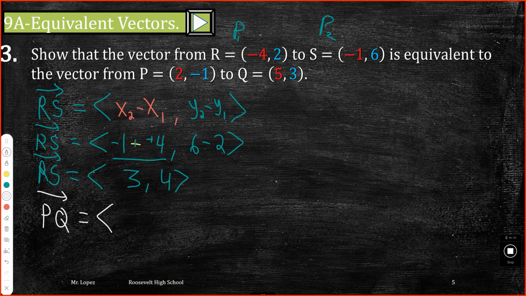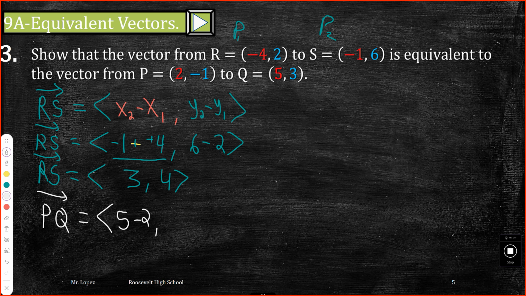Okay, so let's go step by step. P to Q: Q is point 2 and P is the first one, point 1. So let's maintain that direction, because direction matters. The second one is always going to be 2. What are the numbers that I put here? 5 minus what?